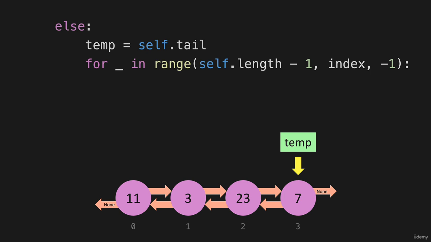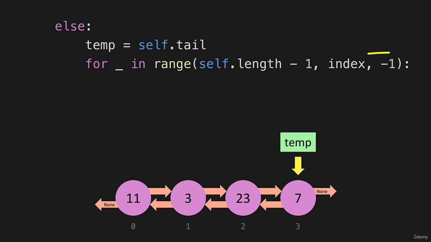So what we saw in the other for loop is we just passed it an index. But what you can also do with a for loop is you can tell it the number where you would like to start. In this case, the length minus 1, in other words, the index of 3. Normally, when you have a for loop, you just want it to increment by 1 every time you loop through.